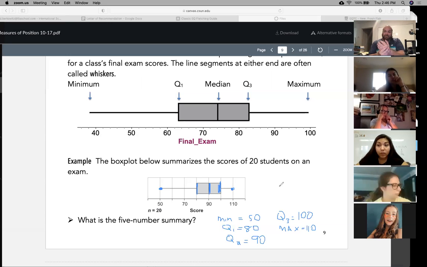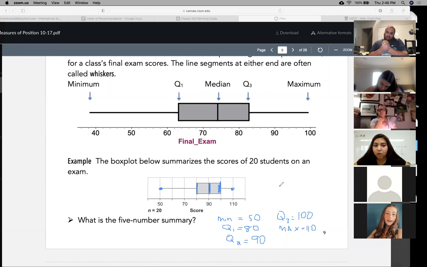Easy. What makes it easy? Well, a lot of people got 90. How many people got 90? Q2.